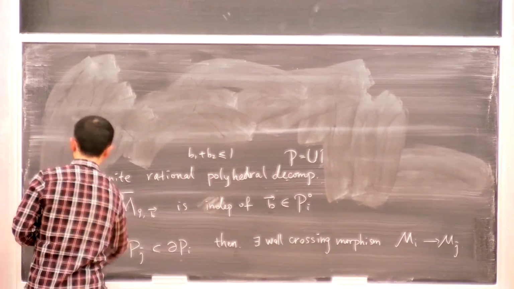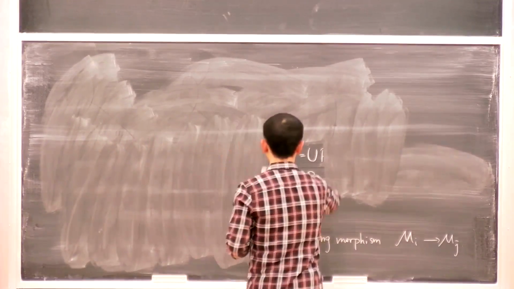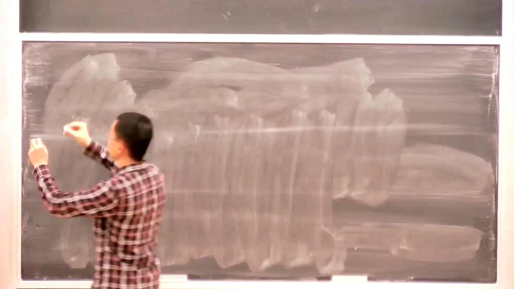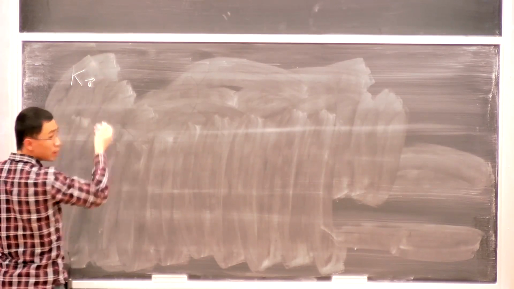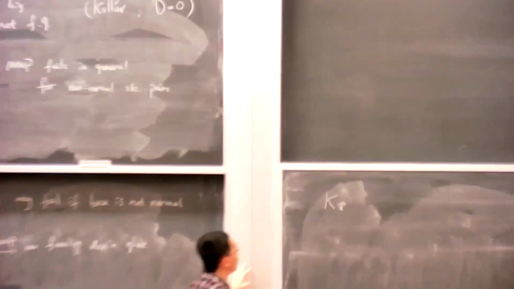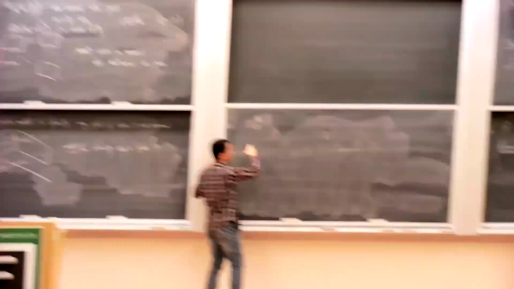Okay, so at least, for instance, we start with that moduli space with this weight vector. So first of all, we'll have to throw away the components whose generic points are not normal, because we are not able to run any kind of ample model construction for those pairs in general.